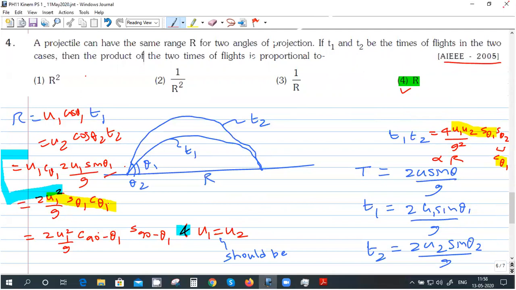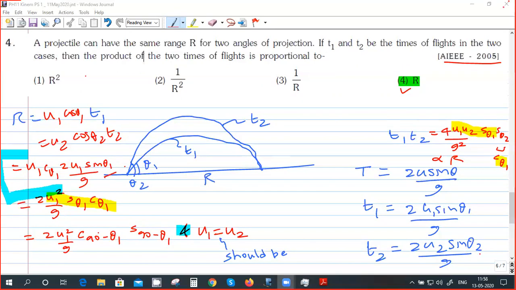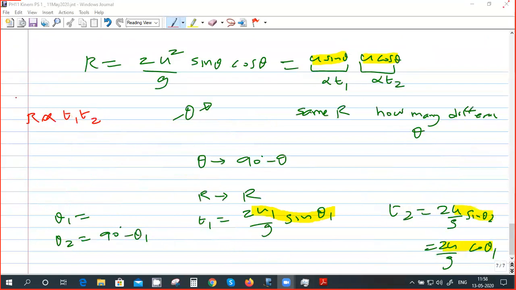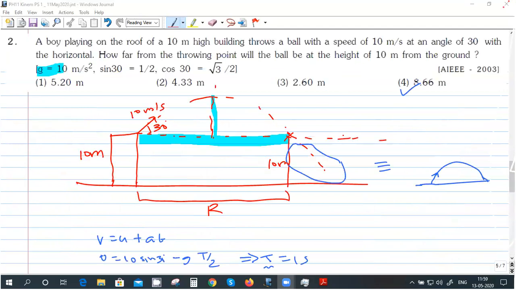Before going to the exam, you must know it. The time of flight is proportional to u sin theta, and for the complementary angle it becomes u cos theta 1. Range is u square sin theta cos theta, so one u sin theta is proportional to time of flight t1, the other to t2, and it is proportional to range r.